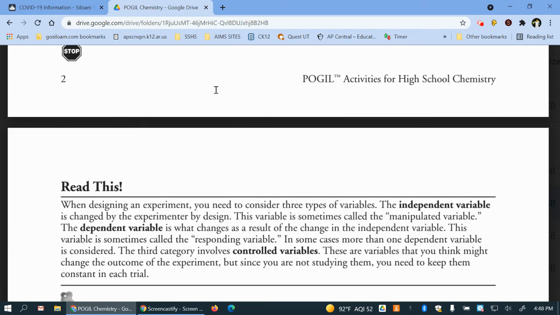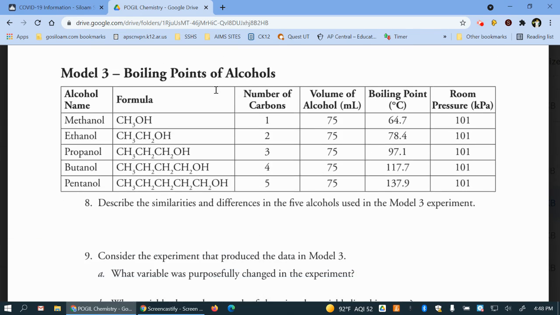So let's go back up here and see what the variables were. They're talking about changing the volume. Okay, so if they're changing the volume, this becomes the independent variable. The number of carbons needs to be held constant.